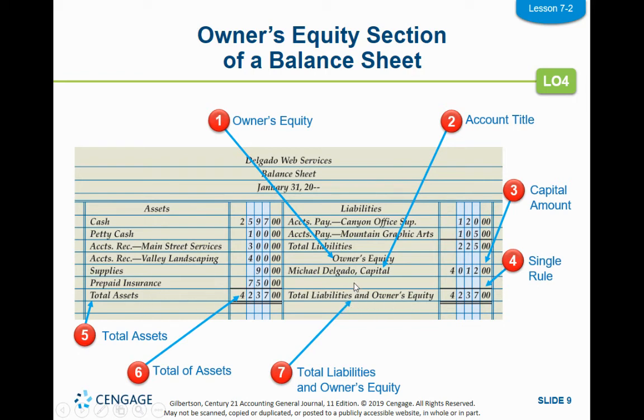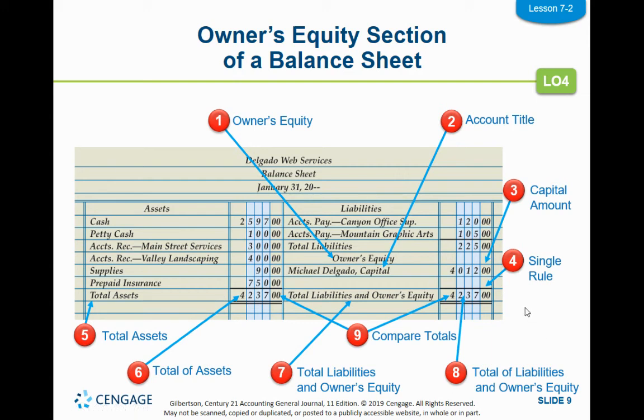So you may have to skip a line or two. And then you're going to add your total liabilities to your capital to get your total liabilities and owner's equity. These two amounts should equal and should be in balance. If they are not, then you've done something wrong.